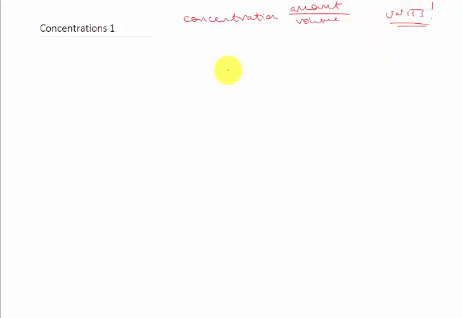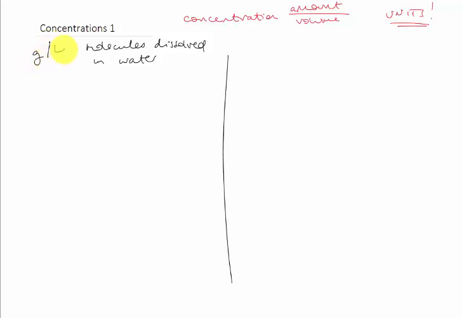So I want to talk about two different flavours today in this video. First of all, if we have molecules dissolved in water, that would be a concentration in something like grams per litre. So if we dissolved some salt in water, we'd have a number of grams of salt in a certain volume, which would be measured in litres, not in decimetres cubed, as you may have done in your chemistry A level.